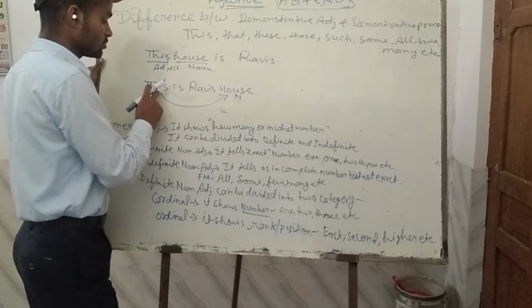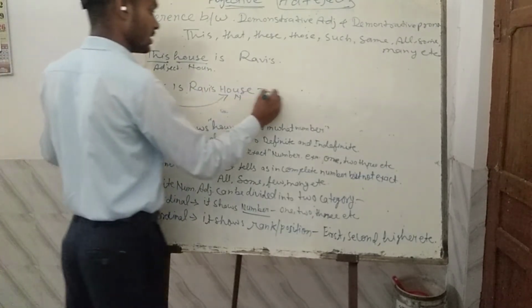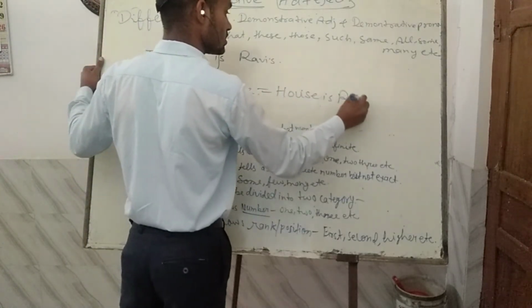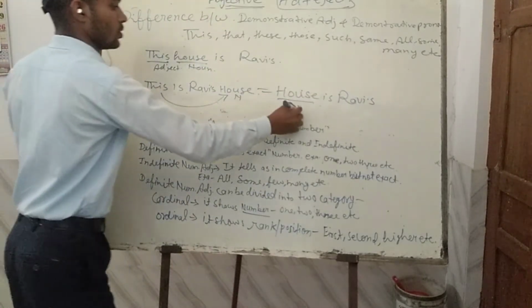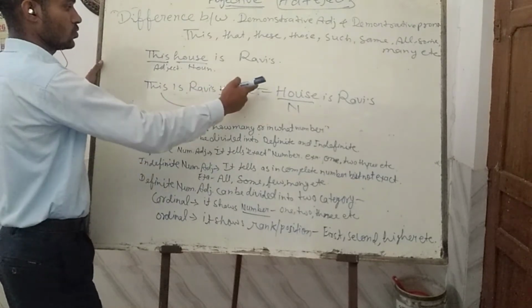So this has been used at the place of house. You can say the same thing here: House is Ravi's. घर जो है रवि का है. यह रवि का घर है. दोनों same same.